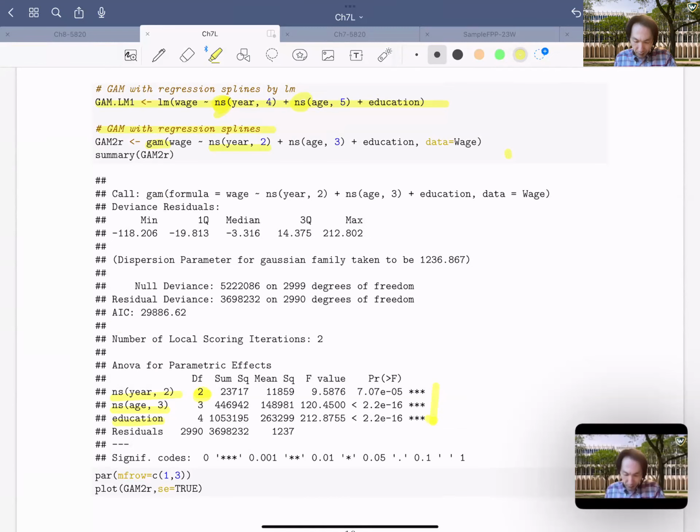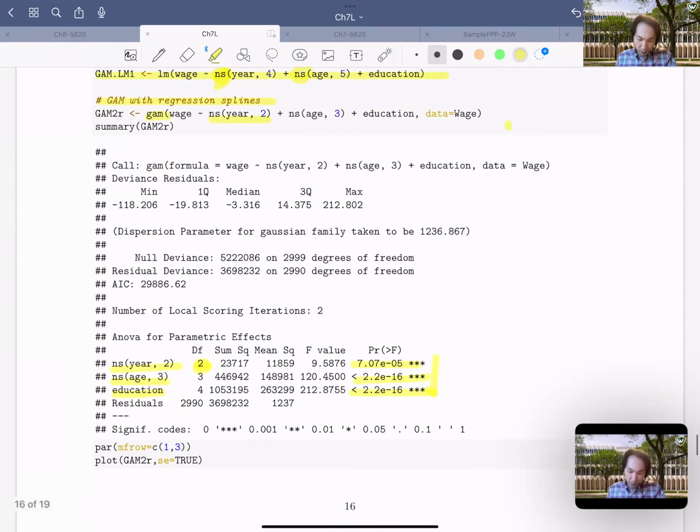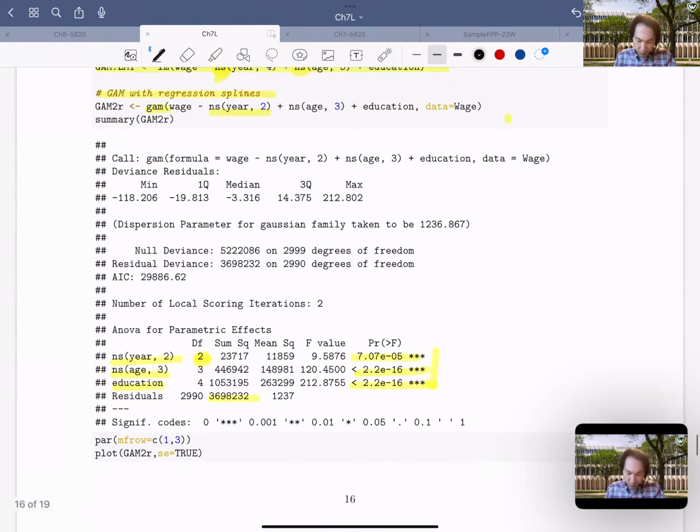You can see the year is a significant predictor, and given that year is included, the age is also significant and the education is also significant. And still the residual size is large. The sum of squares explained by these predictors is in total about 1.5 million, but the residual is 3.7 million.